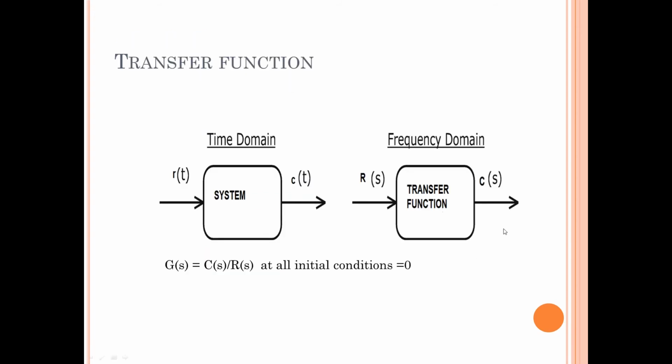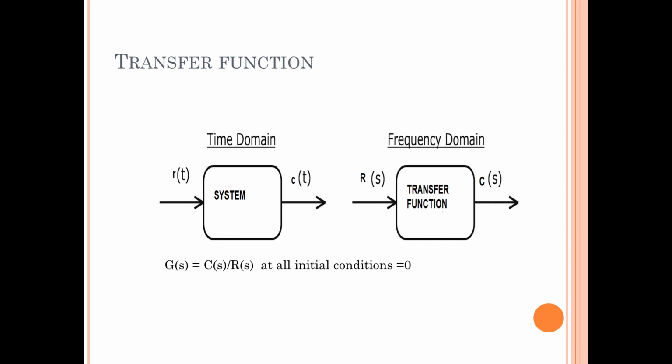The next is the transfer function model. Now, the transfer function is used in the Laplace domain. So, in the time domain, we have the input R(t), which is given to the system, and according to the input R(t), the system output becomes C(t).